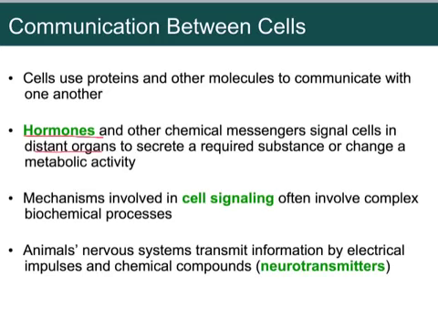Metabolism, we already talked about. That's how your body burns energy, how it makes nutrients, all the chemical activity in your body, the repair of your body. Hormones change that metabolic rate.